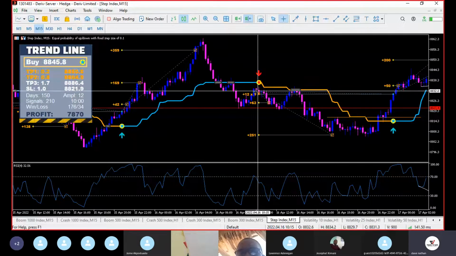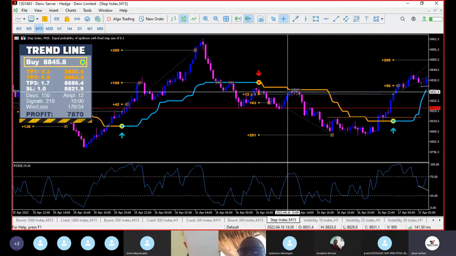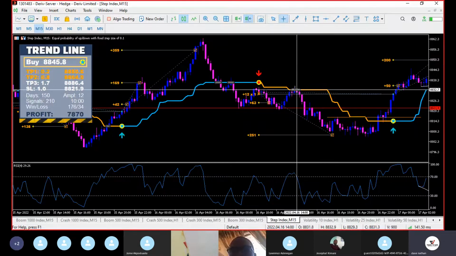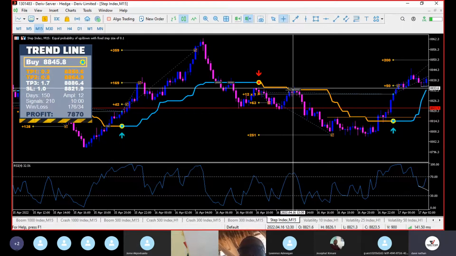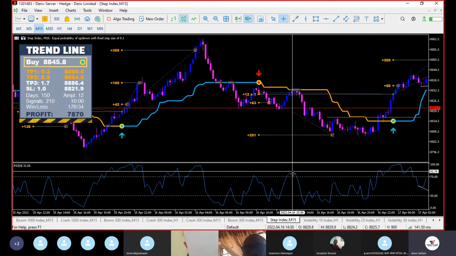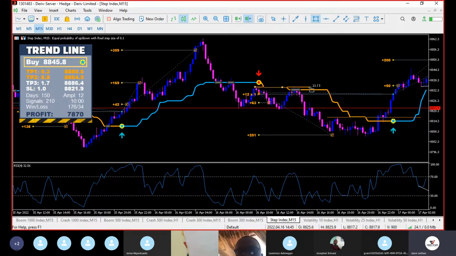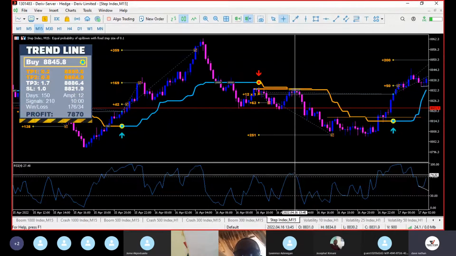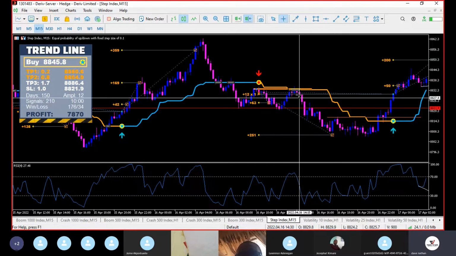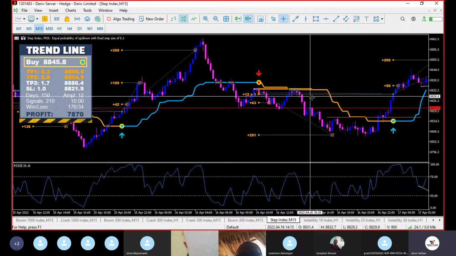I cannot clearly see, but this was also a dynamic resistance at this point, and then waiting for RSI to go below, we could have gotten a perfect sell setup. Now, take note of this.